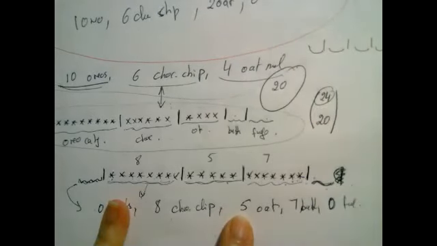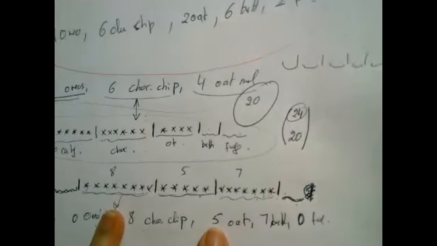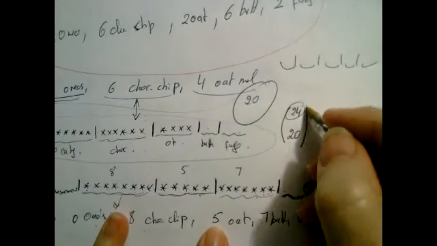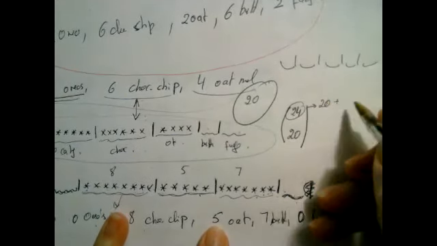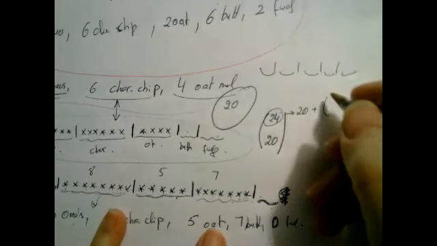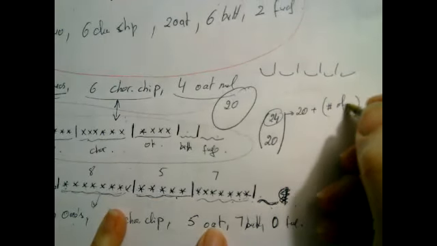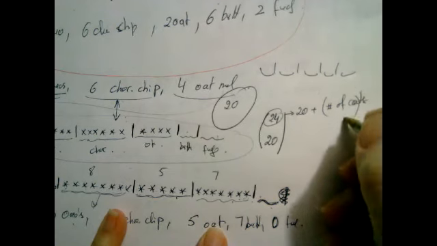1, 2, 3, 4, 5 categories. That's really the picture. So this represents the 20, the number of cookies, plus the separators, which is the number of categories minus 1.